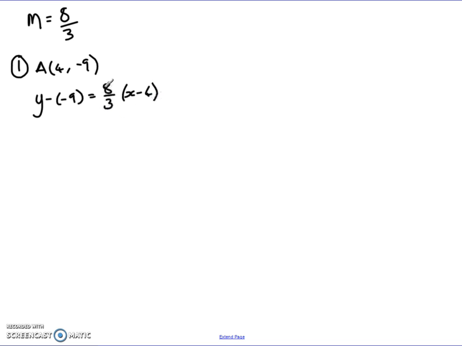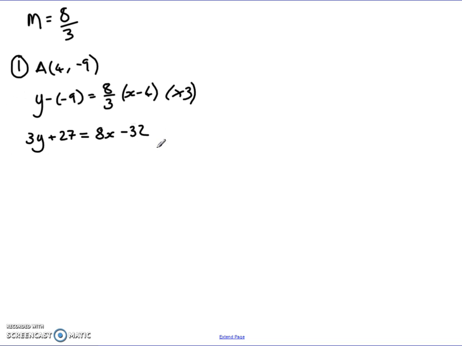So at this fraction here, I want to get rid of it as quick as I can, so I get rid of the 3 on the bottom by multiplying everything by 3. So multiply everything along the line by 3 and it gets rid of the fraction. So I get 3y plus 27 equals, all I'm left with here is 8 times the bracket, so I get 8x, take away 8 times 4 is negative 32.